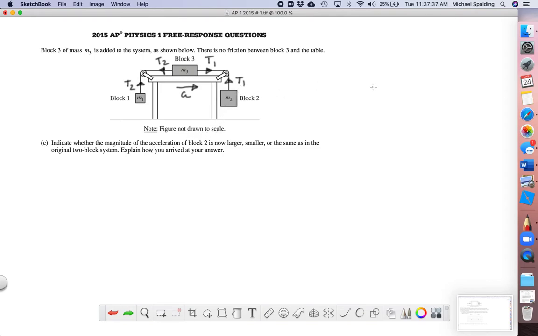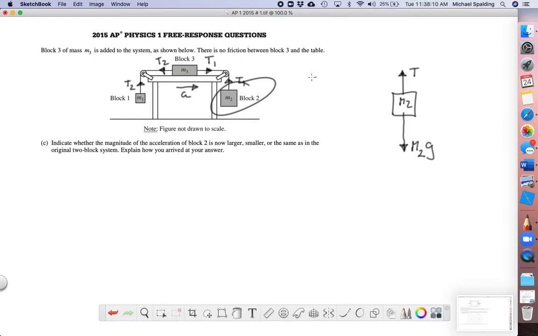Focusing on block number 2, M2G did not change, and this tension here is smaller. The tension acting on block number 2 must be greater than what it was in the first situation.